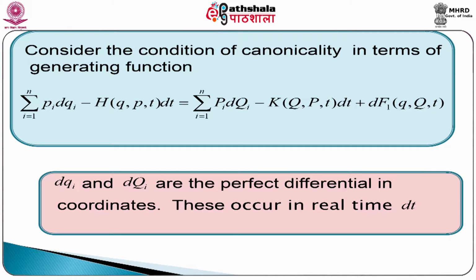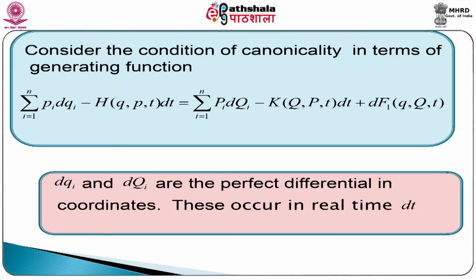Let us consider the condition of canonicality given in terms of generating function already obtained, which is summation over i equal to 1 to n of small p_i d q_i minus capital H(q, p, t) dt equal to summation over i equal to 1 to n of capital P_i d Q_i minus capital K(Q, P, t) dt plus d F1(q, Q, t).